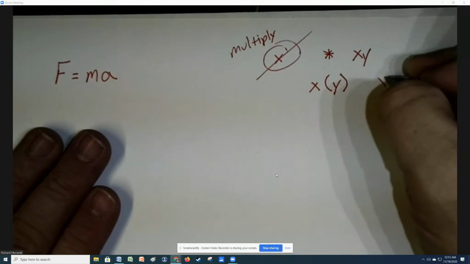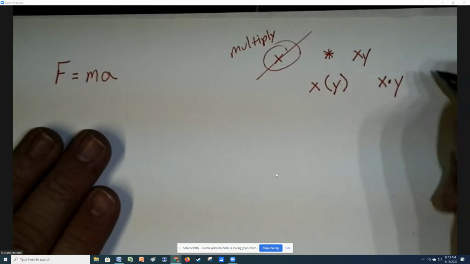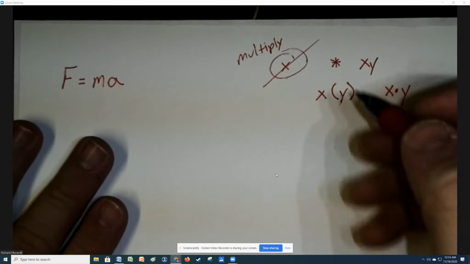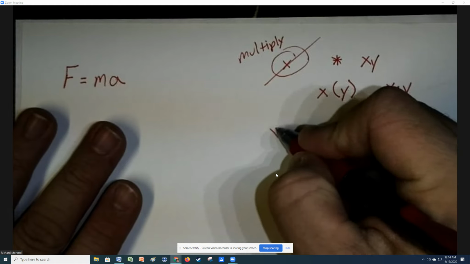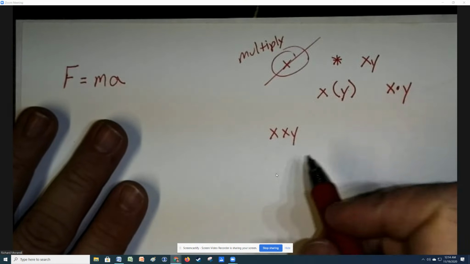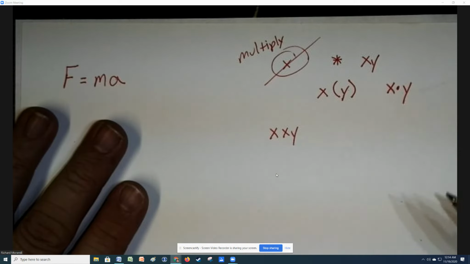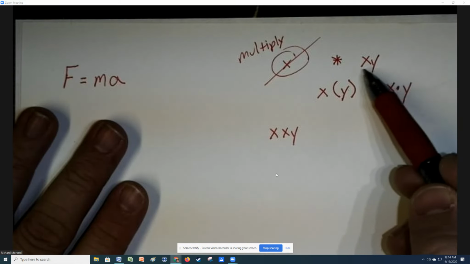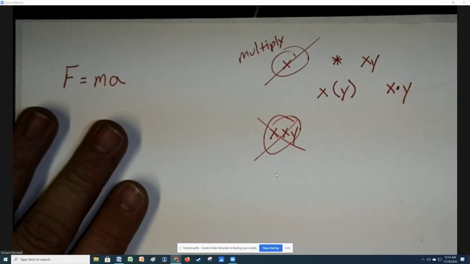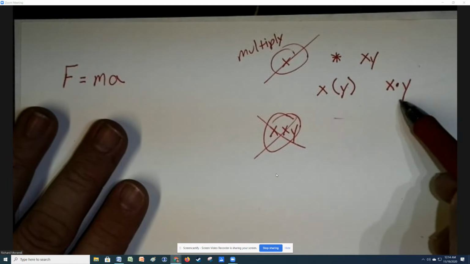So you could say x times y, but no more x's. All right? Imagine that you just want to say x times y, right? Well, that's actually saying x times y because 2 variables right next to each other is multiplication. So no more of this. We can't do that. All right? These are your options up here.